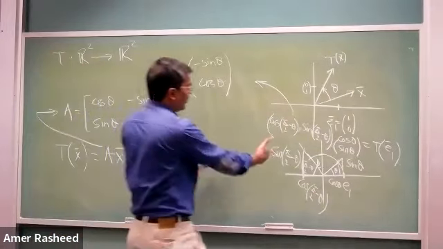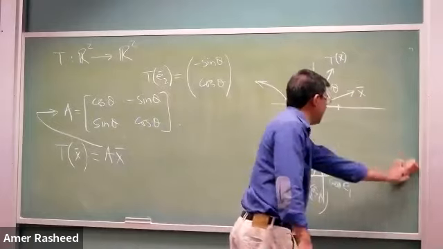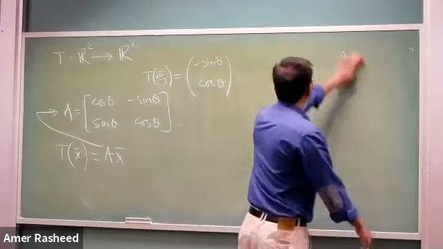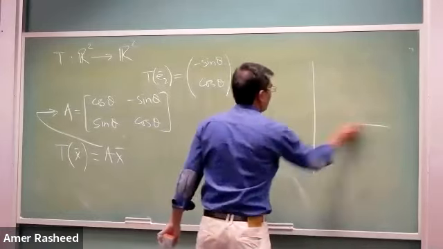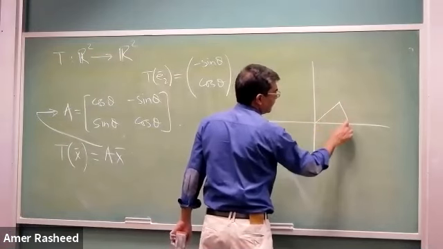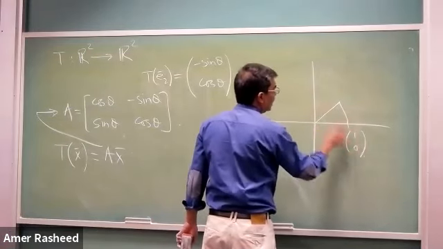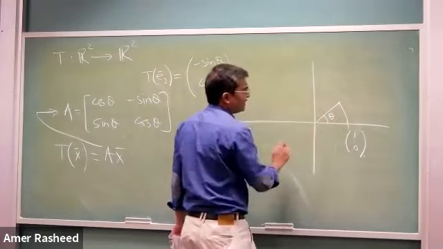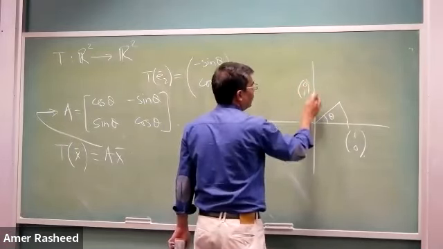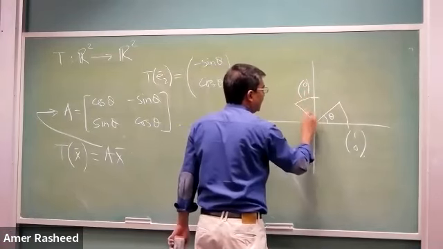So in fact, what you are doing here, you are basically rotating the unit vectors, not the original vector. This is your unit vector (1, 0). You are rotating it about an angle theta, and the other unit vector, (0, 1), you are rotating it at an angle theta here.